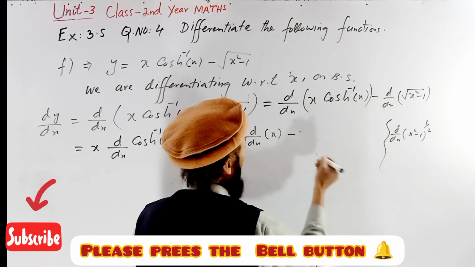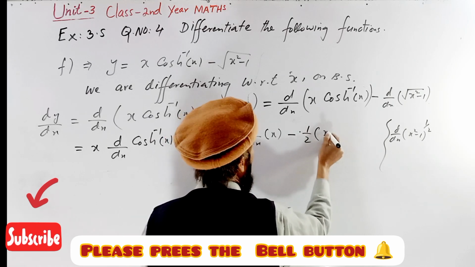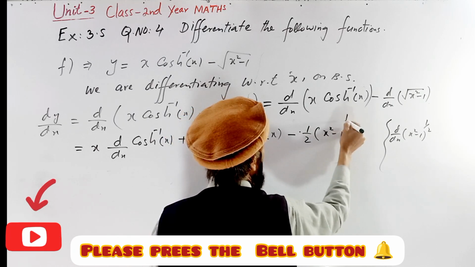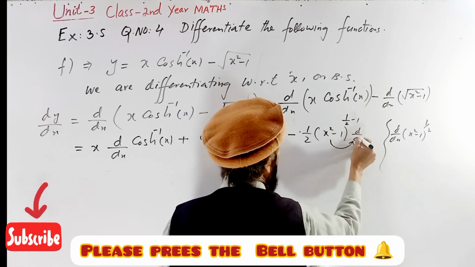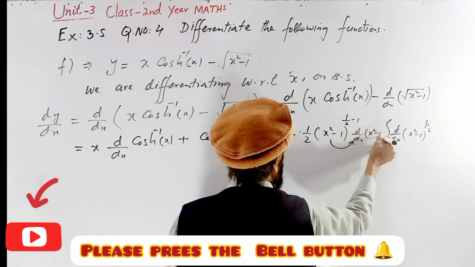Here according to the power rule, 1 by 2 times x square minus 1 to the power 1 by 2 minus 1, and further the derivative of this function x square minus 1.